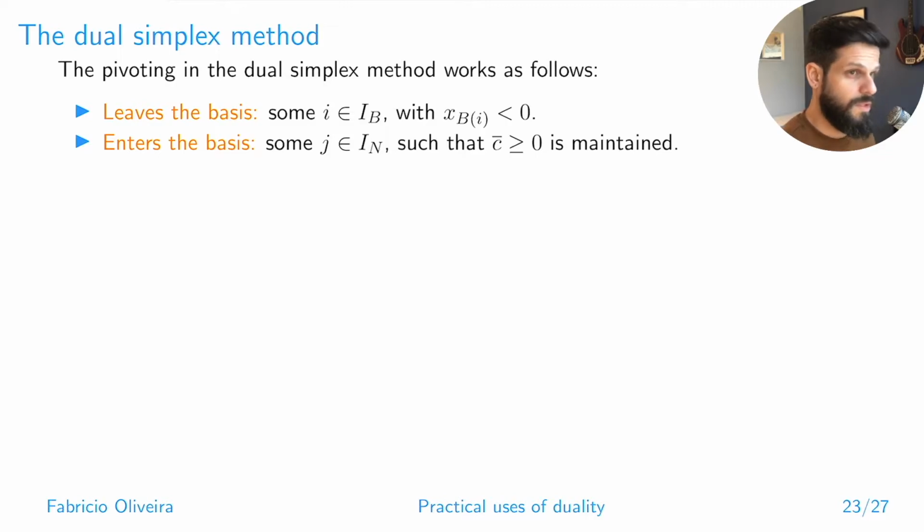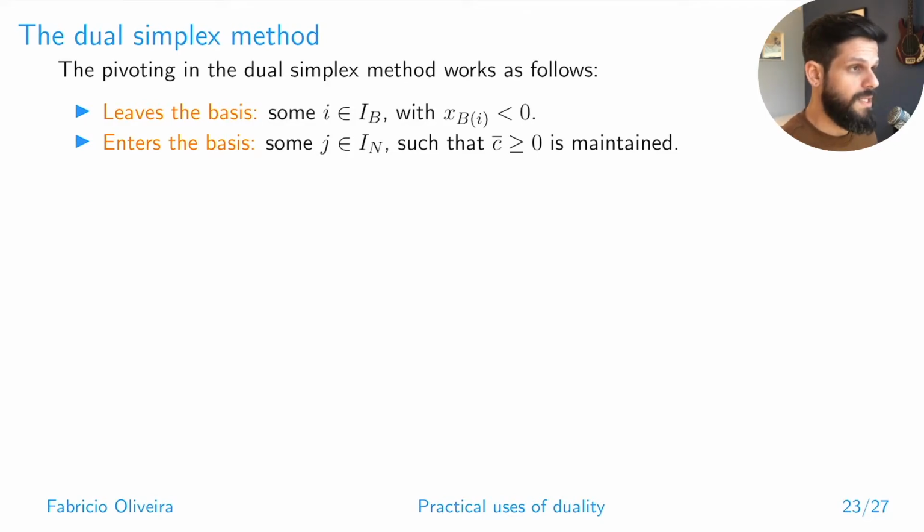The dual simplex method works exactly like the simplex method, in which we start from a basis, decide what pivoting we should be doing, and perform elementary row operations to pivot and change the basis, the basic matrix, and at the same time update the list of basic indices.